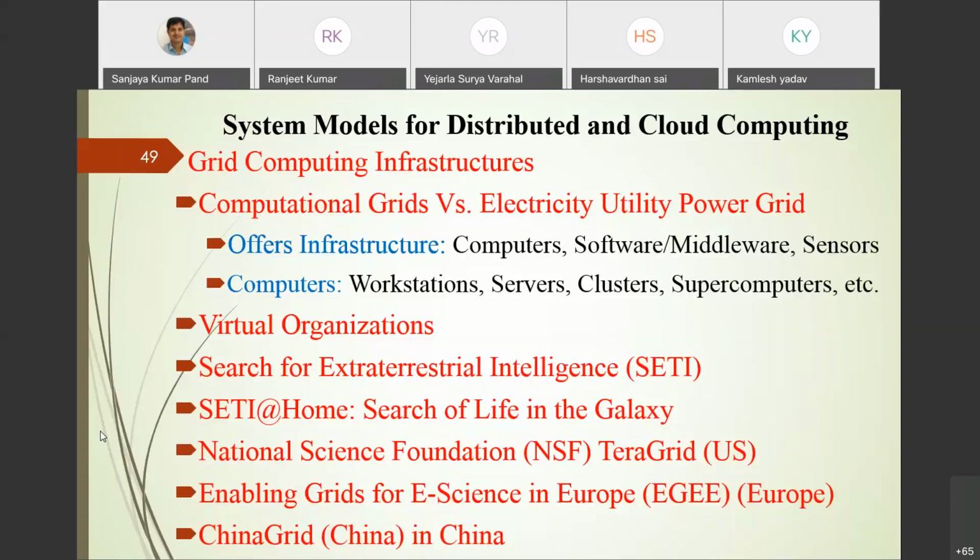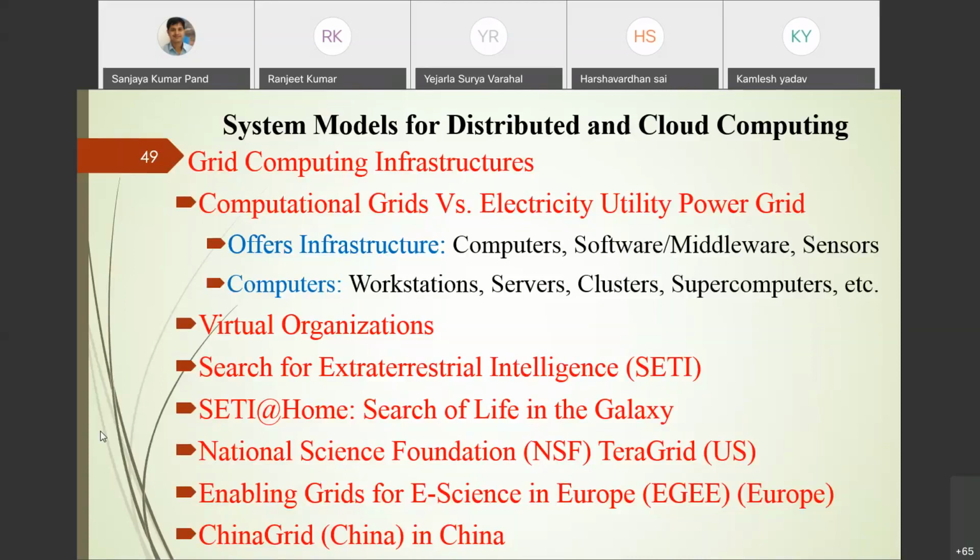Whatever data there is can be propagated from one place to another, or you can store it, or you can compute something. So the computational grid can be achieved from a workstation or a simple personal computer, or a server, or a cluster, and at the top, the high computation, your supercomputer, right?